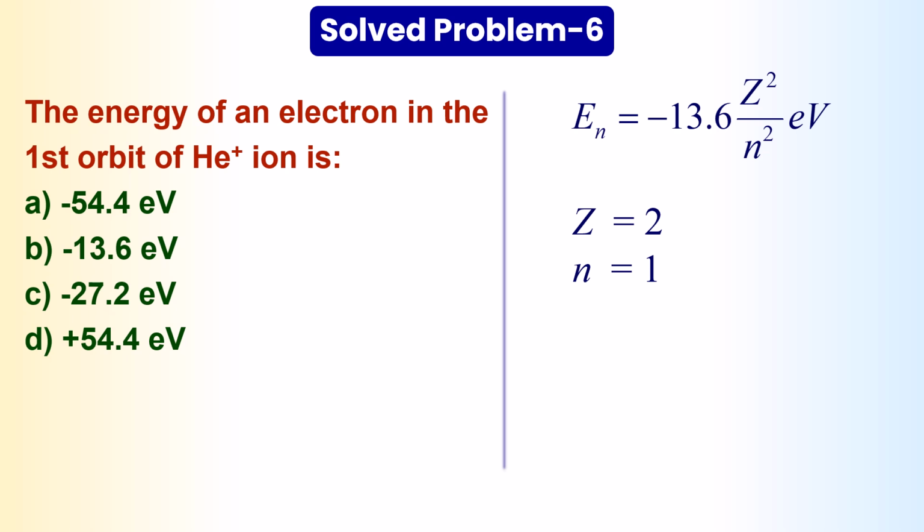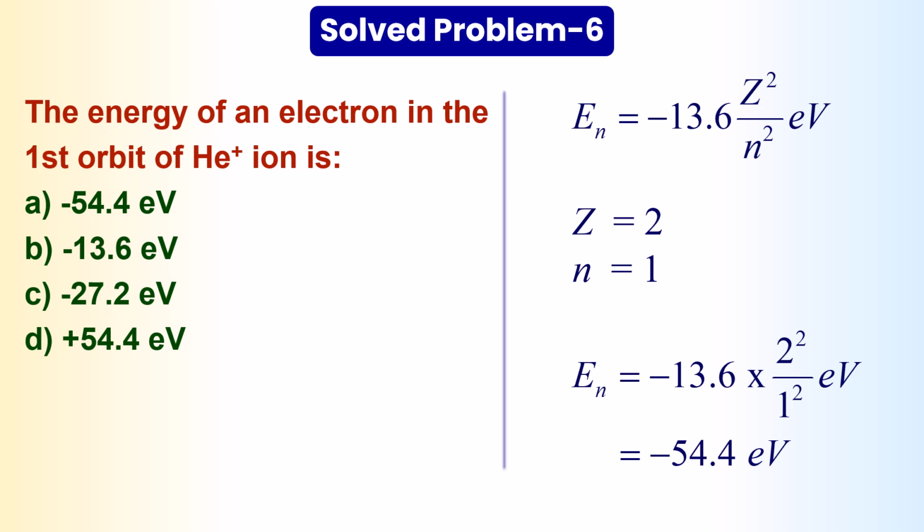Substituting these values into the formula, we obtain minus 54.4 electron volts. This is the energy of the electron in the first orbit of the helium plus ion. Therefore, the correct answer is option A.